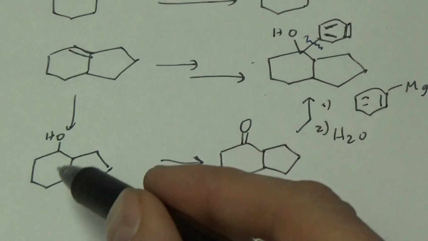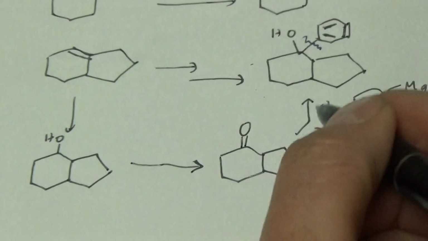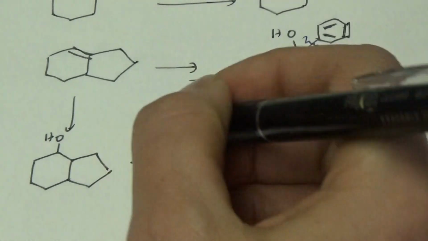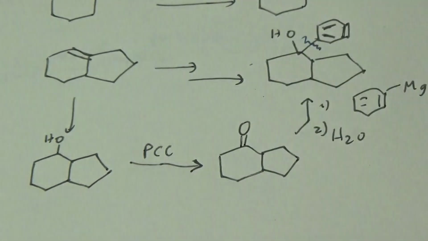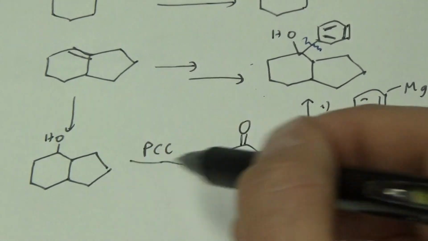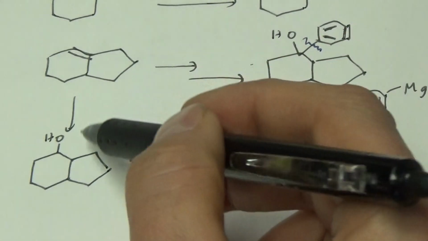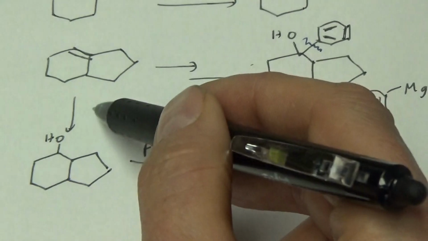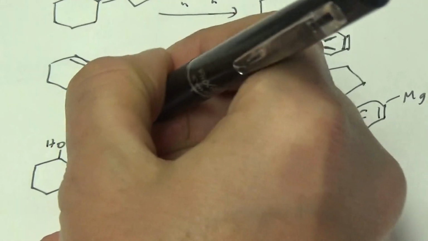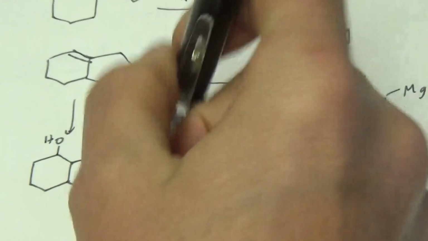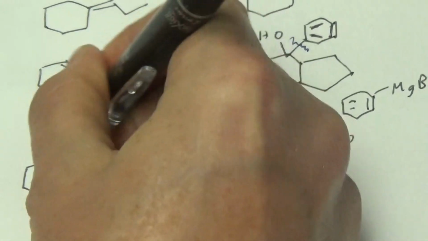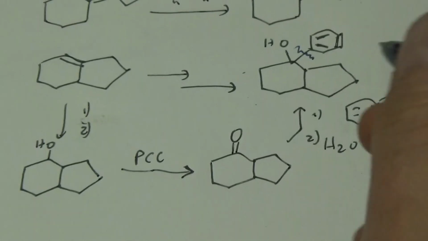First, let's do this step. This one you know from chapter 8. Oxidation with maybe PCC, right? One bond oxygen to two bonds oxygen. And now this is the hydroboration oxidation reaction, HPOX. So what do we say it was?